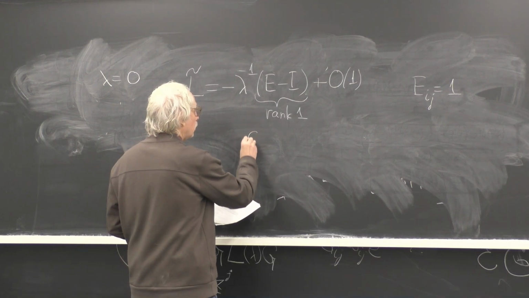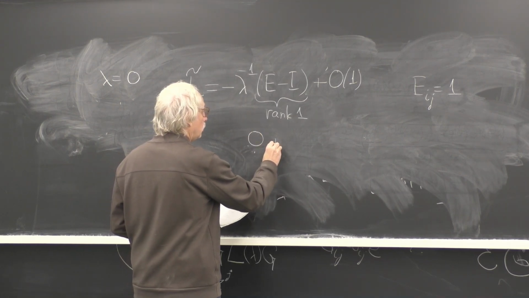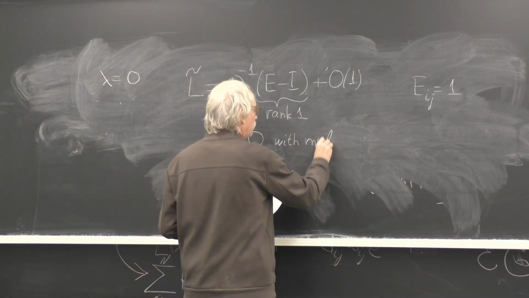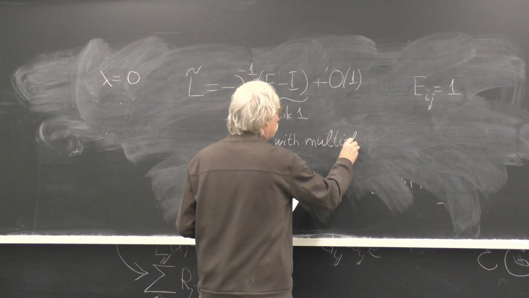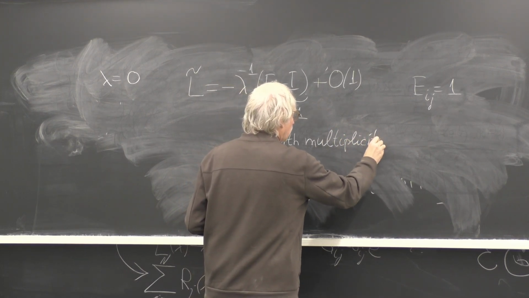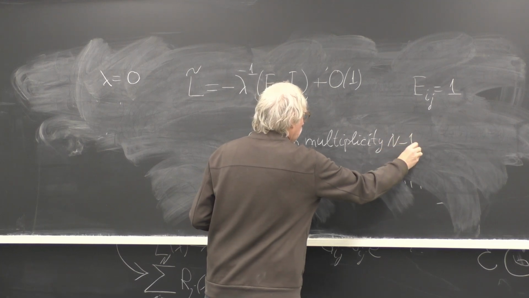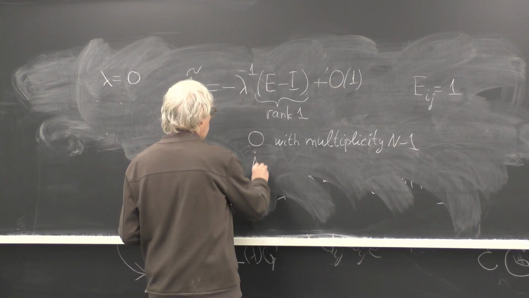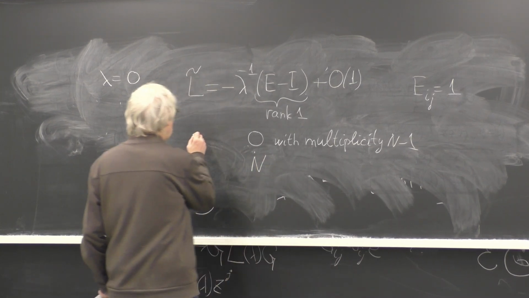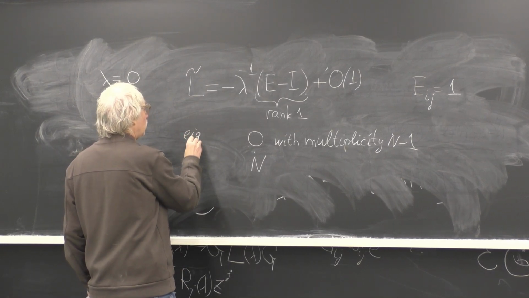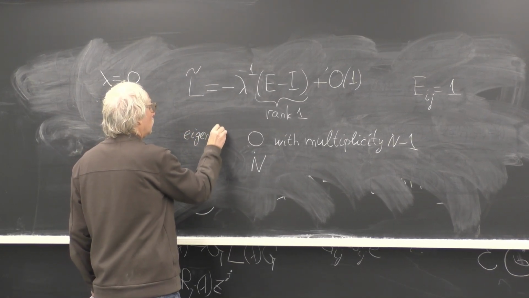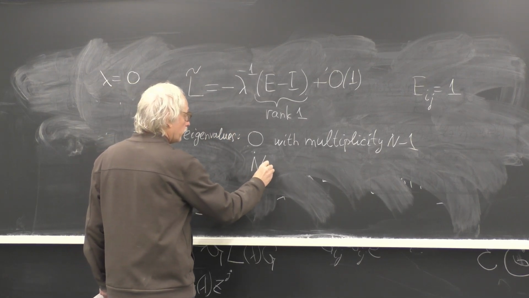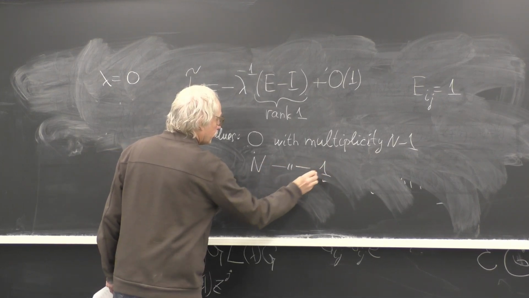eigenvalue 0 with multiplicity n minus 1 and another eigenvalue n with multiplicity 1.